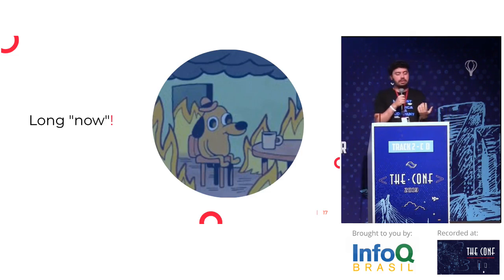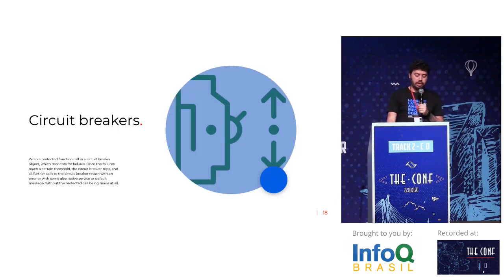Remembering our definition from Bulletproof, our APIs should be indestructible. Our APIs should never stop working. So for this, I would like to talk about circuit breakers. Circuit breakers are a powerful mechanism. We use circuit breakers in complex electrical systems.